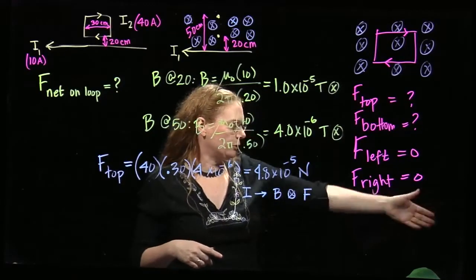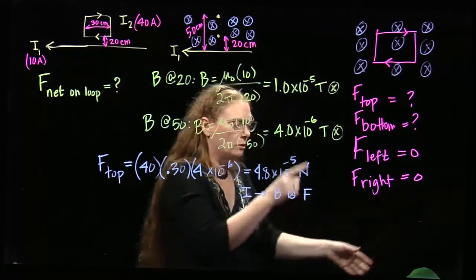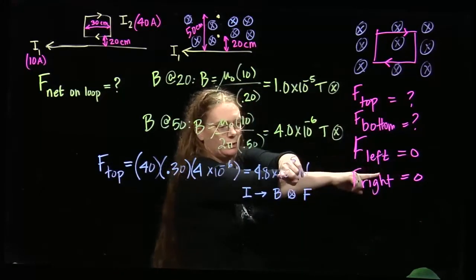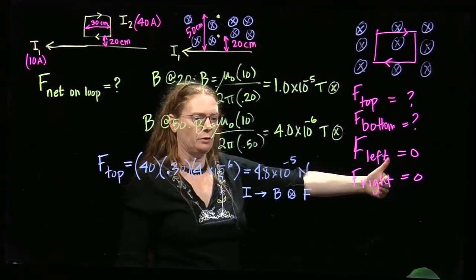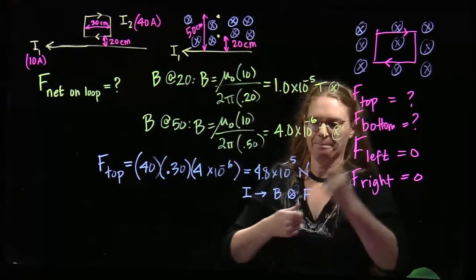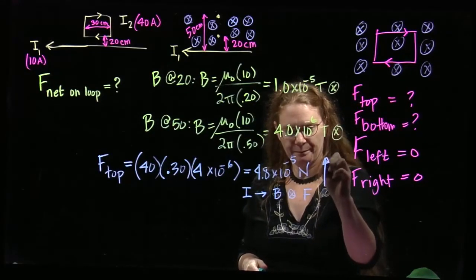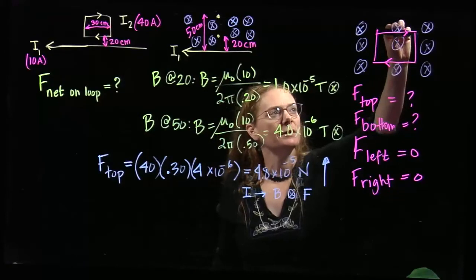So my B field is going into the page. So current that direction, B field in that direction. Curl my fingers into the direction of the B field. Thumb is the direction of the force. Thumb's pointing up. There we go. We know the force that this bit of the loop feels.